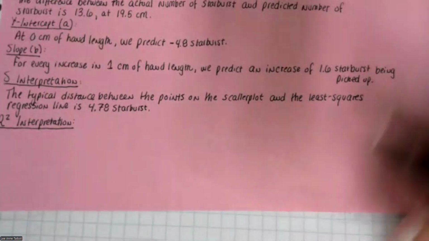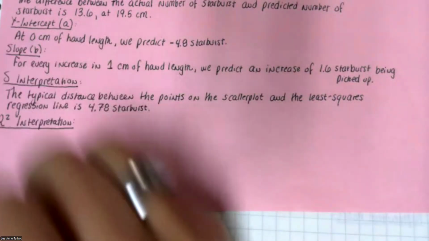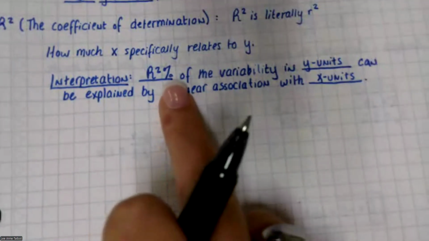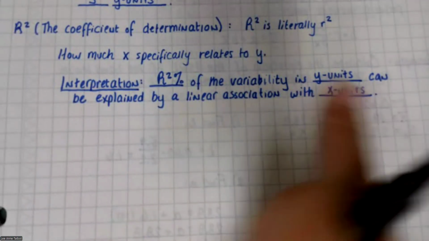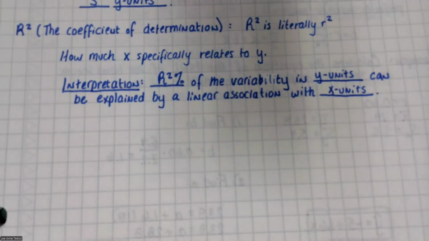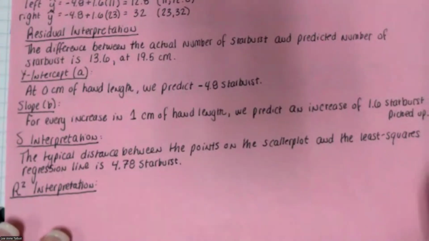Okay. R squared interpretation. Okay. R squared percent of the variability in Y can be explained by a linear association with X. And again, ours, we're just pretending that our graph is linear-ish.